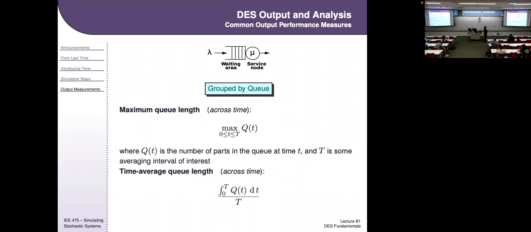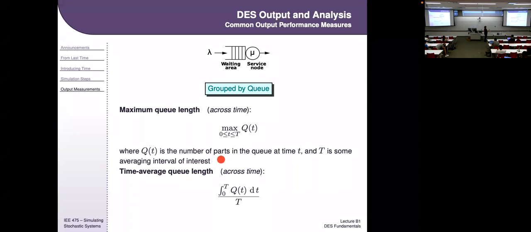The other thing I could get is length characteristics. Across all of the simulation time, what was the maximum length of the queue for this simulation run? Or the time average queue length. This is a little bit more complex, but instead of taking a max, it's kind of an average, but an average over continuous time.